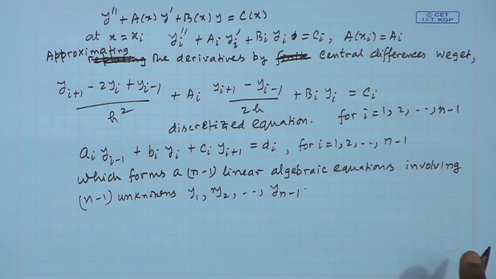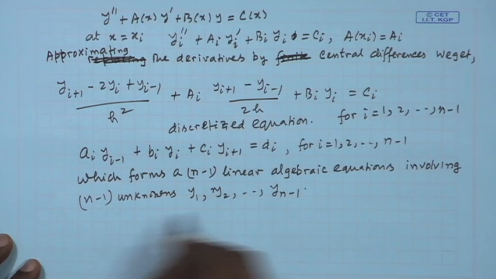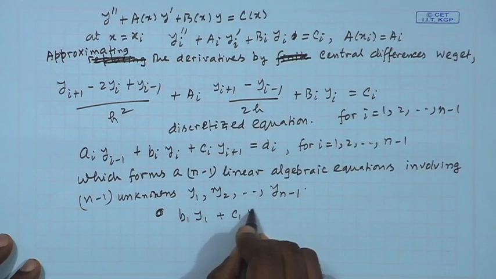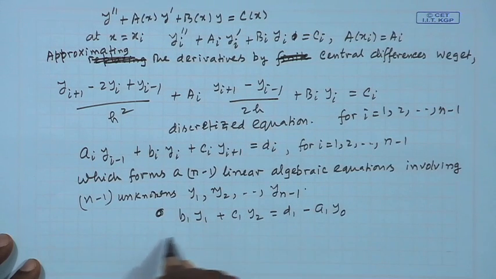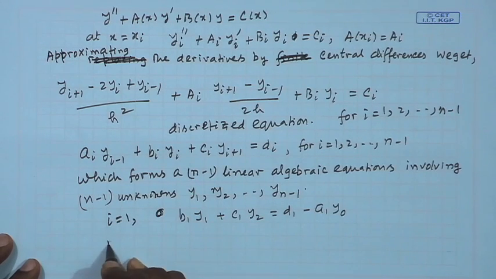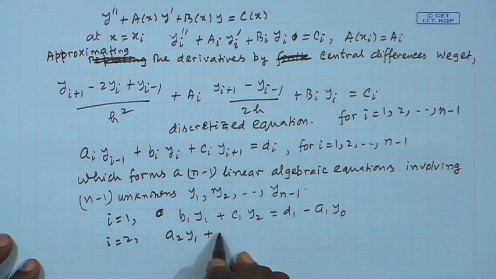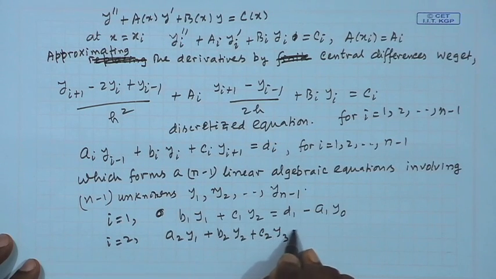They can be transferred to the right side. So, for example, if I put I equal to 1, it looks like b1 y1 plus c1 y2 equal to d1 minus a1 y0, which is given. For I equal to 2, I get a2 y1 plus b2 y2 plus c2 y3 equal to d2, and so on.